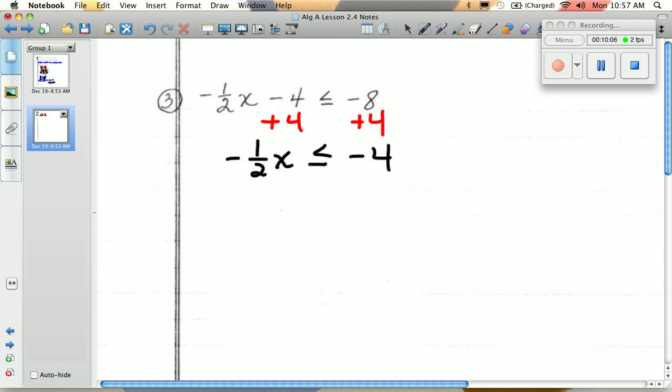Okay, what would be our next move? Rose? Multiply by the reciprocal. Absolutely, multiply by the reciprocal of what? Negative 1/2. What is the reciprocal of negative 1/2? Negative 2 over 1. So we're going to take both sides times negative 2 over 1.